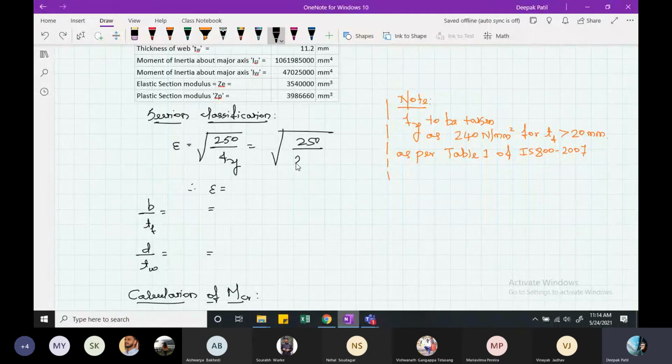So 250 divided by 240, which is coming out to be, can anybody just tell me what is the value of that 250 divided by 240 under the root? So 1.02, it comes 1.02.